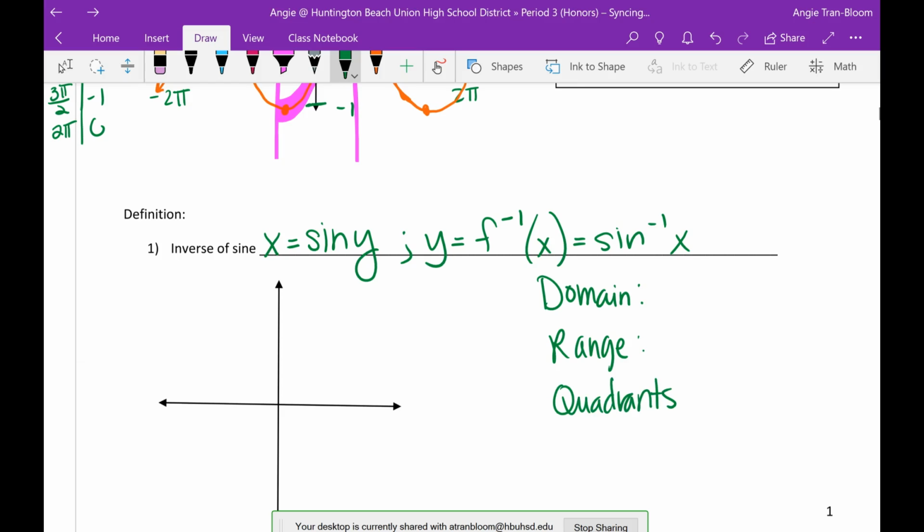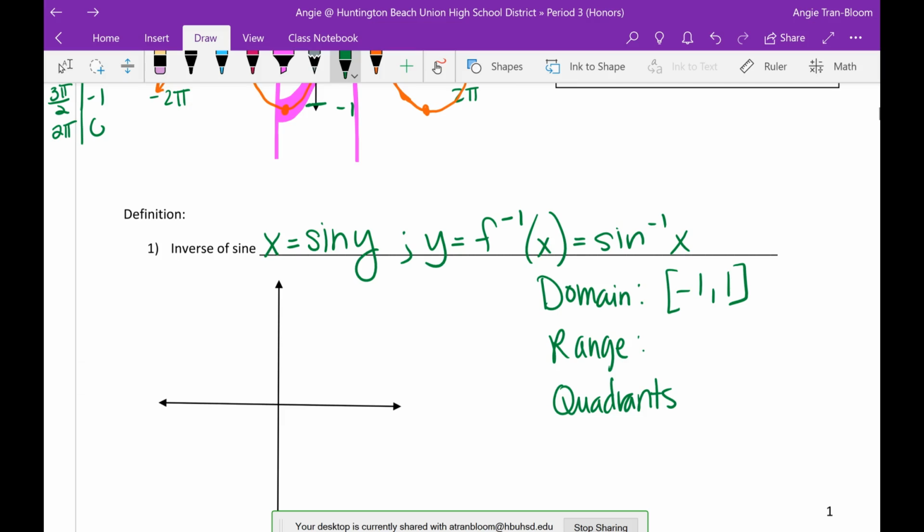I can look at the range of the regular. Would you guys agree? The range of the regular was from negative 1 to 1. Now, what's the range of its inverse? Keep in mind, we chopped it off for a reason. Lucian? Negative pi over 2, pi over 2.